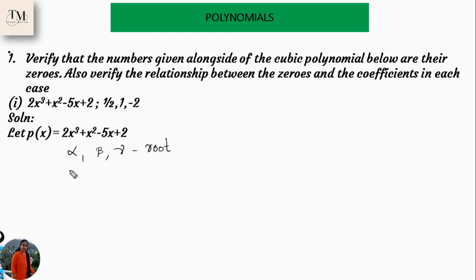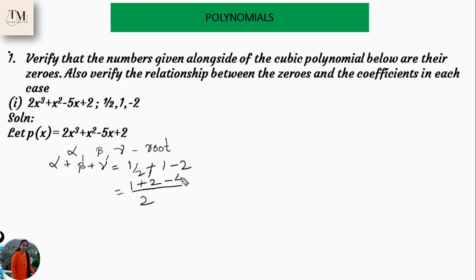We have to prove that alpha plus beta plus gamma is the sum of the roots: 1 by 2 plus 1 minus 2. If I take LCM as 2, this 1 you have to multiply by 2 here, and again multiply by 2 here.